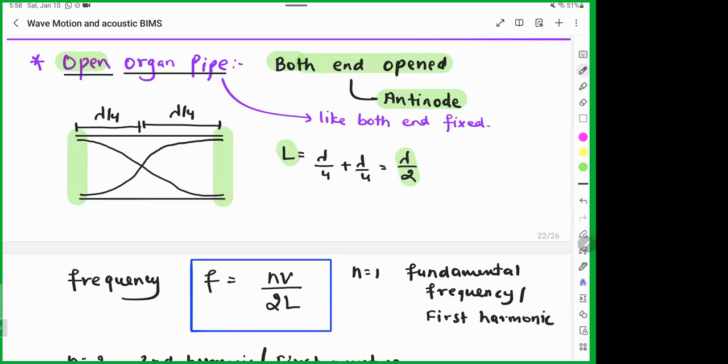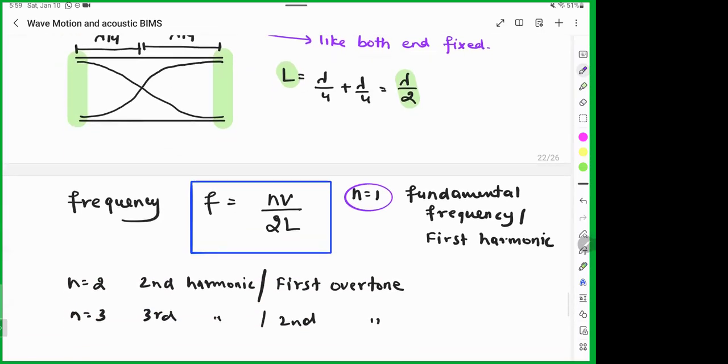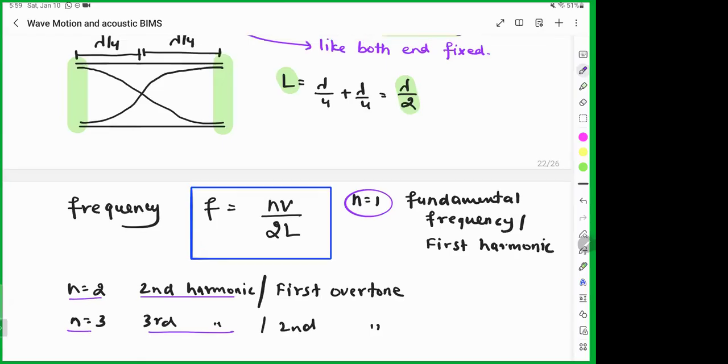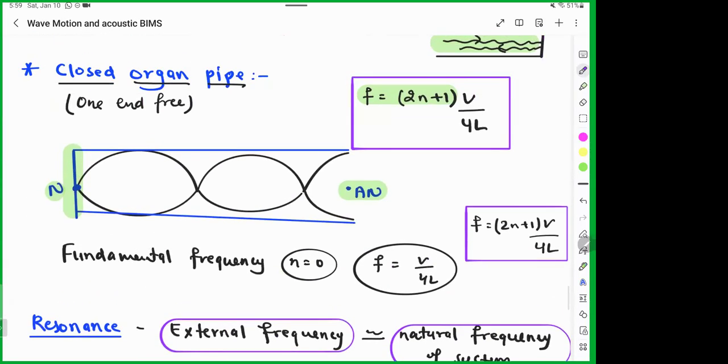If you calculate frequency, the method is the same as both ends fixed. If n value is 1, frequency will be v by 2L. If n value is 2, the harmonic will be second. If n value is 3, the harmonic will be third. But in the closed pipe case, if you keep n value 0, it will be the first harmonic.